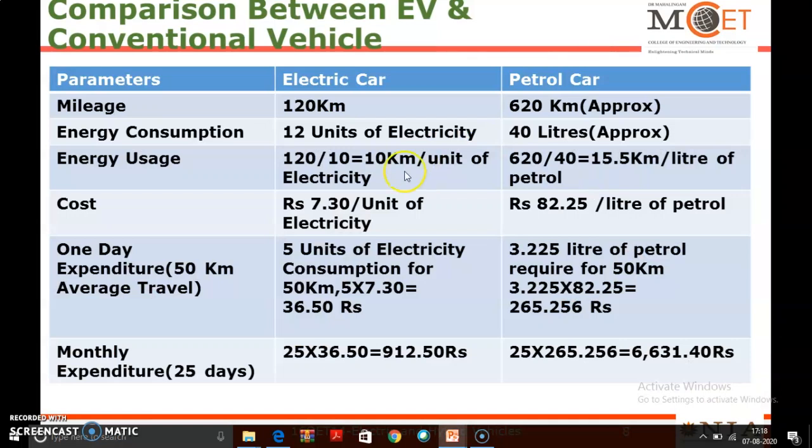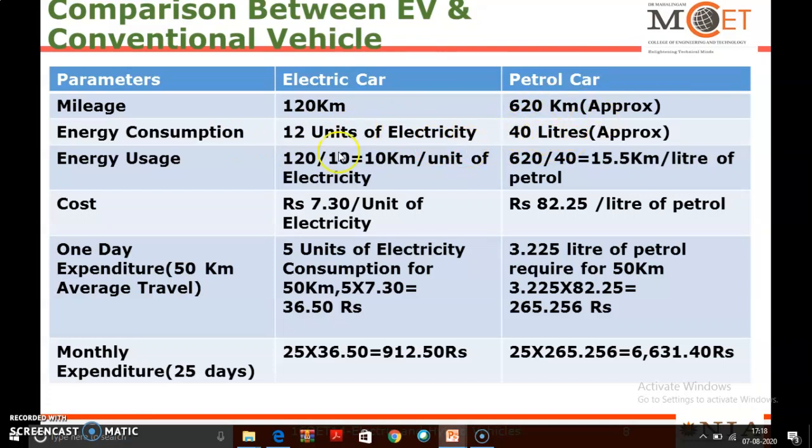Next, we see some numerical data for the cost comparison between the electric car and the petrol car. If the electric car mileage is 120 kilometer and the petrol car mileage is 620 kilometer, then the storage capacity of the electric car is 12 units of electricity and the storage capacity of the petrol car is 40 liter.